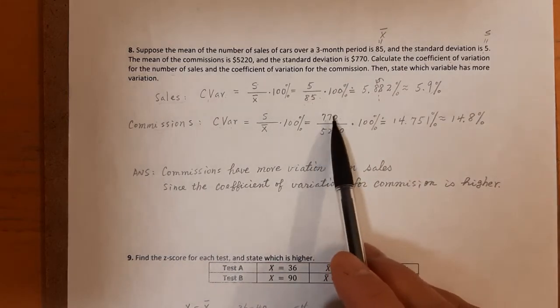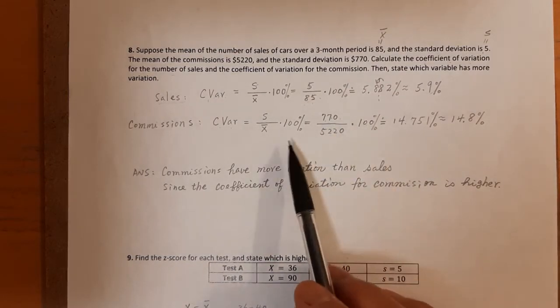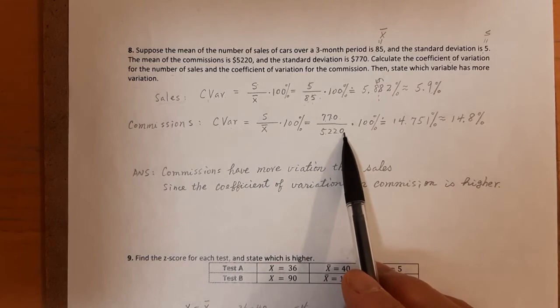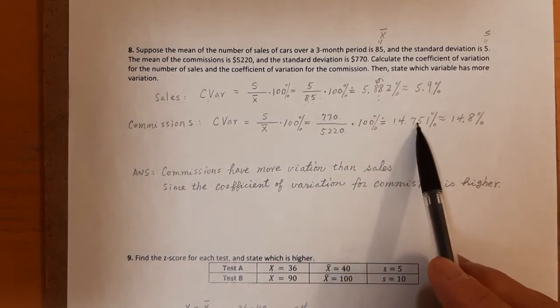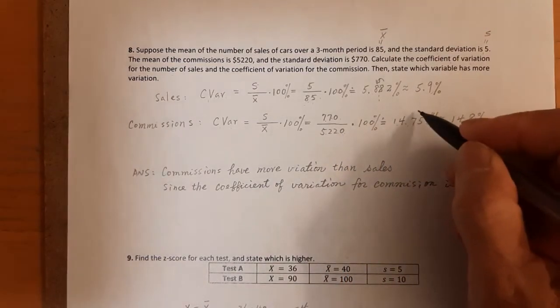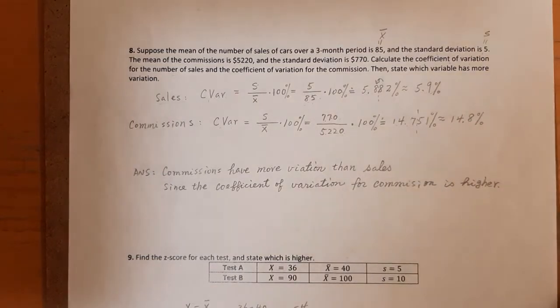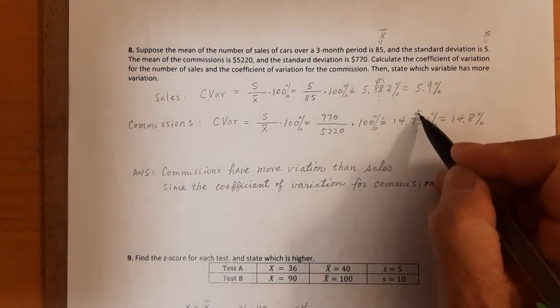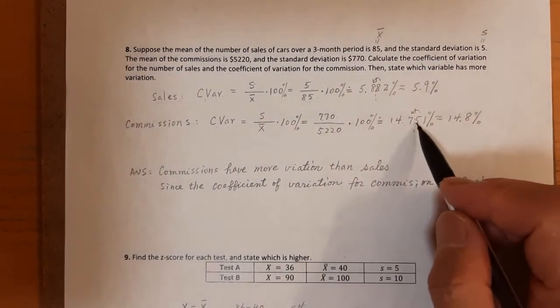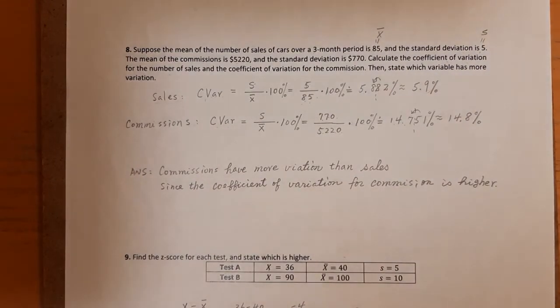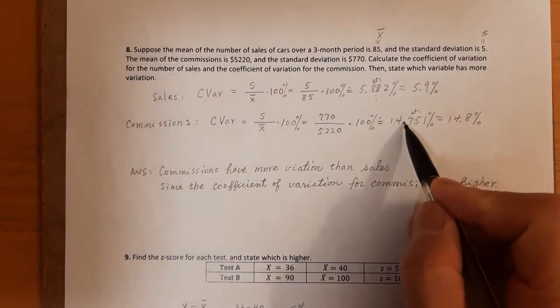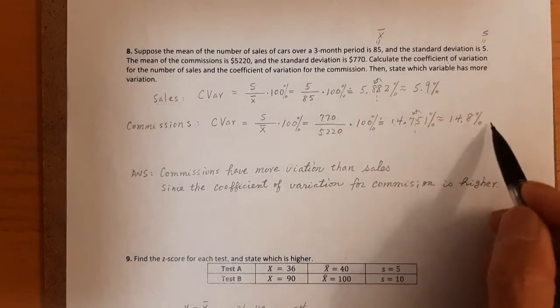So you do 77000 divided by 5220, and we get 14.751. Rounded to 1 decimal digit, round up, is 14.8%.